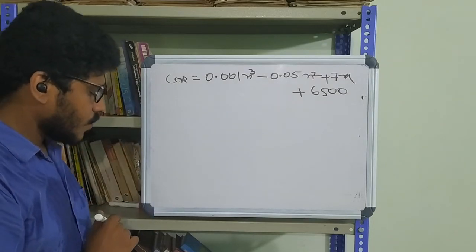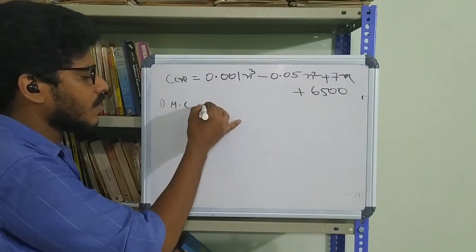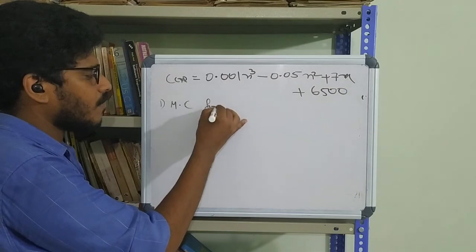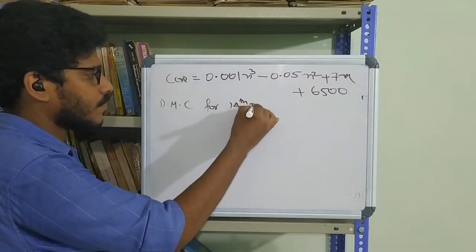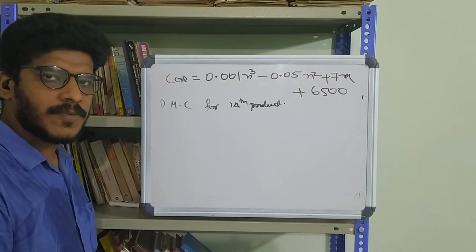So the question is to find the marginal cost for the 14th product.